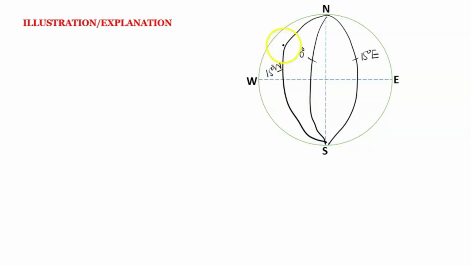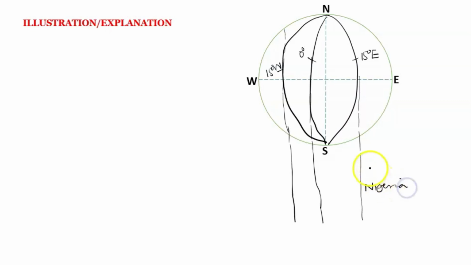This is what we are talking about. If I trace down these lines, what we are saying is this: places like Nigeria, which is 15 degrees to the east, if the time here is 12 noon, then London, located on longitude 0 degrees, is going to have 11.